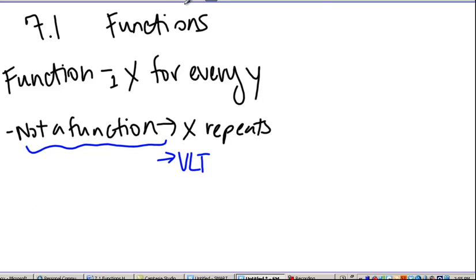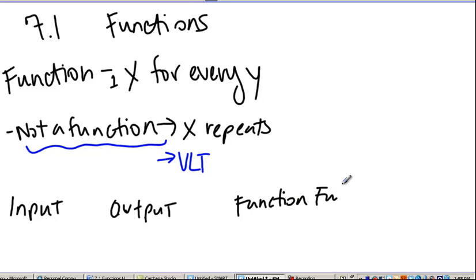Okay, a couple other things I want y'all to think about are the input, output, and then the function rule.